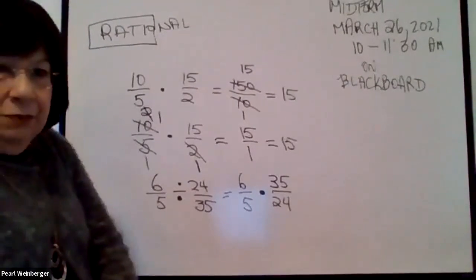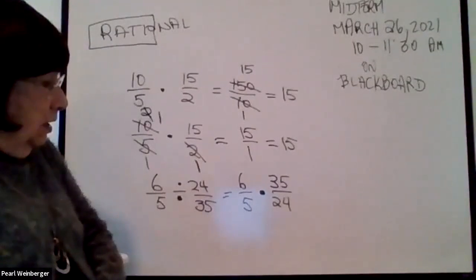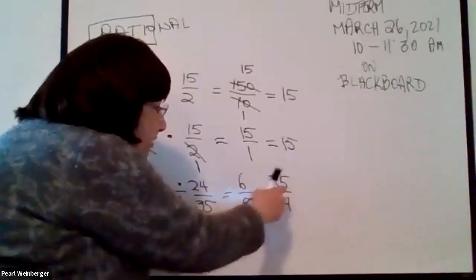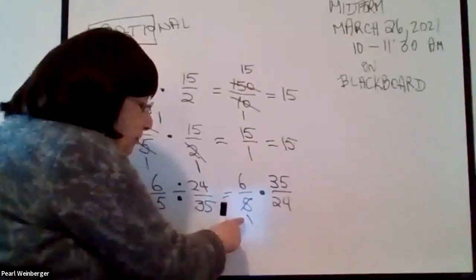Cheryl, you want to tell us what to do? Yes, so when you do that now, you just start to cancel: 5 into 5 is 1, and 5 into 35 goes 7 times. So she sees the 5 and the 35 can be canceled out by a common factor of 5.